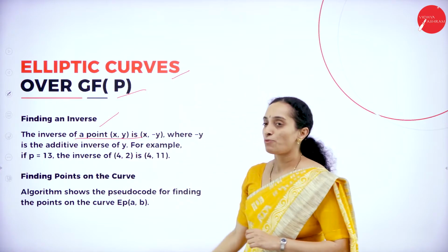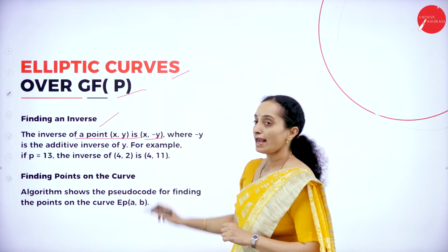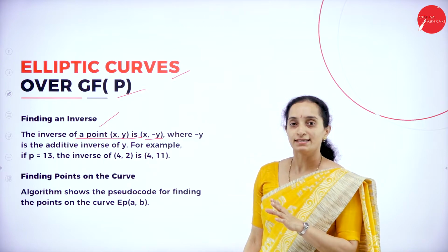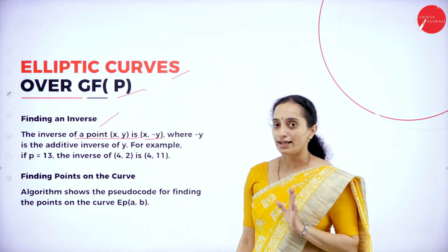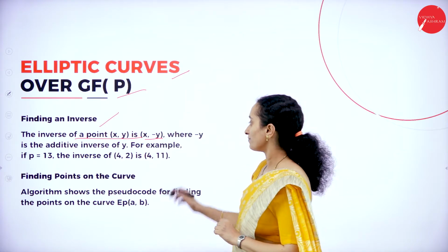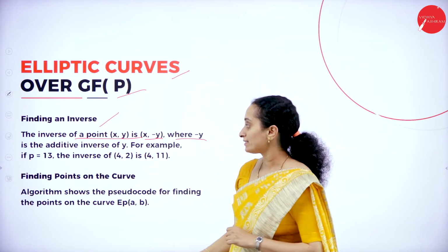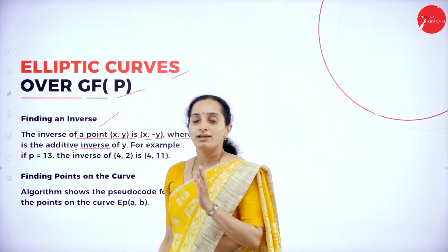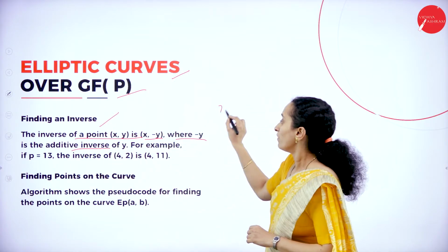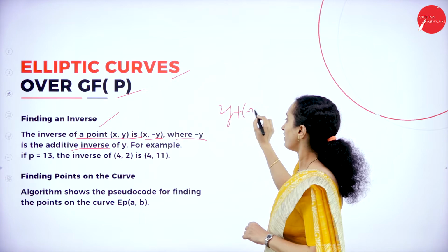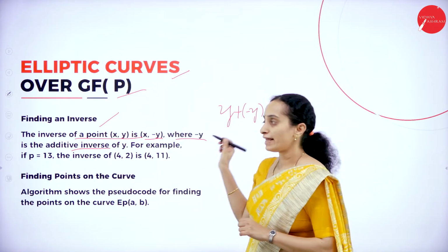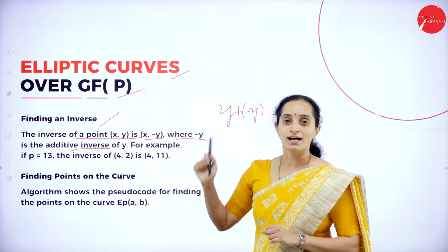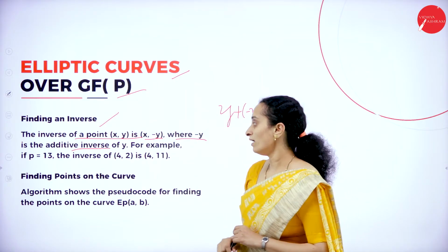So, inverse of a point (x, y) is (x, minus y). As I said, it will always be changed in the negative quadrant of the y, not the x direction. Where minus y is the additive inverse of y, because y plus minus y will become 0. If it happens, then you can say that minus y is the additive inverse of y.